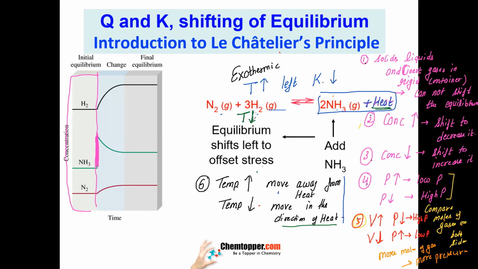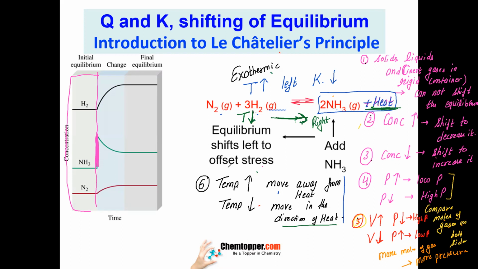You are decreasing temperature. It will go in the direction of heat. Low temperature means less heat. Then it will try to get more heat by going in the direction of heat. Arya, is it okay? Going in the direction of heat means to the right side here because heat is on the right side in exothermic.